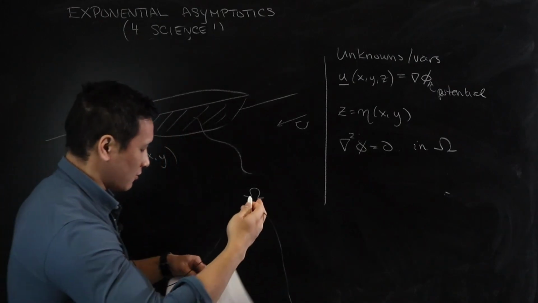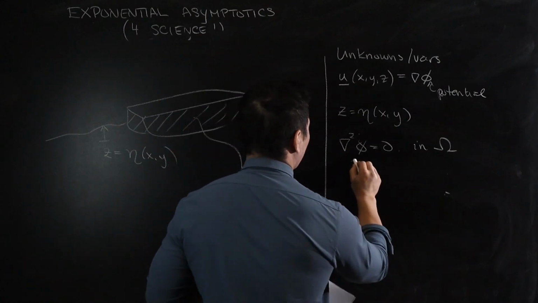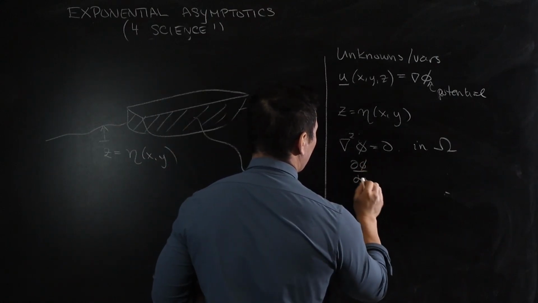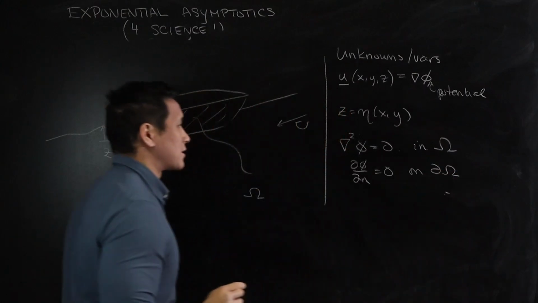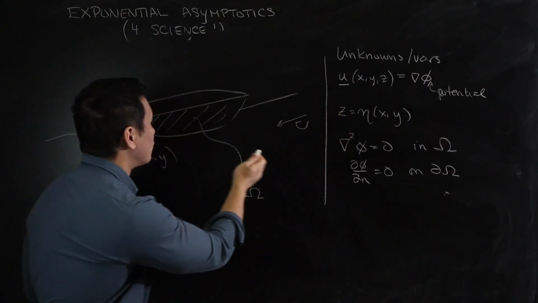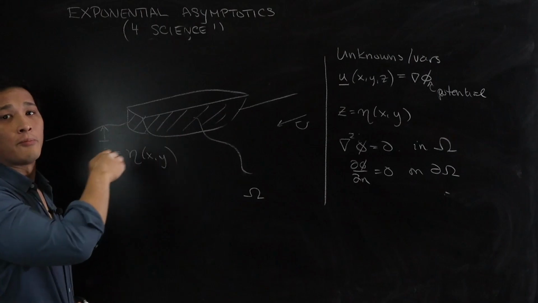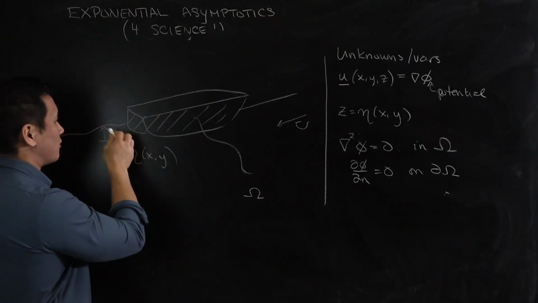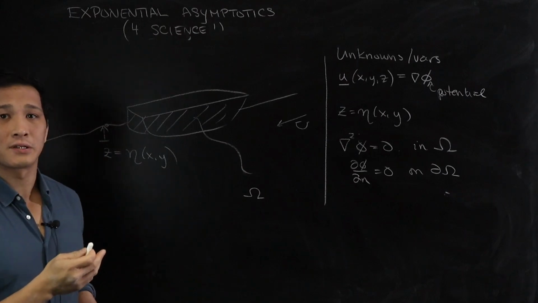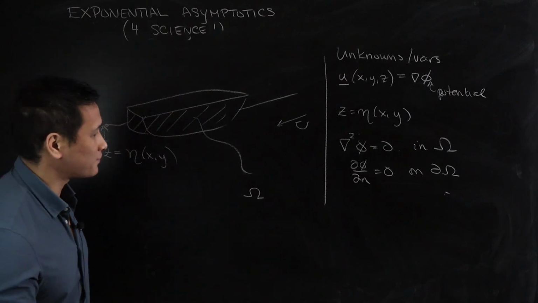So the equations I need are d phi dn equal to 0 on all surfaces. This expresses the fact that the fluid cannot enter through the solid body of your domain, and any fluid particles on the surface have to remain on the surface.